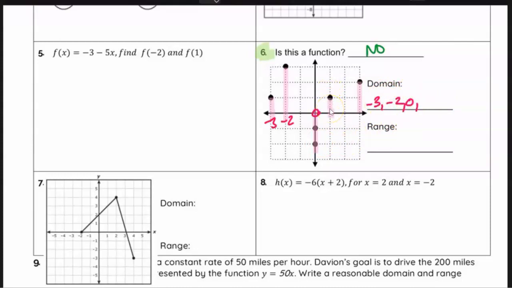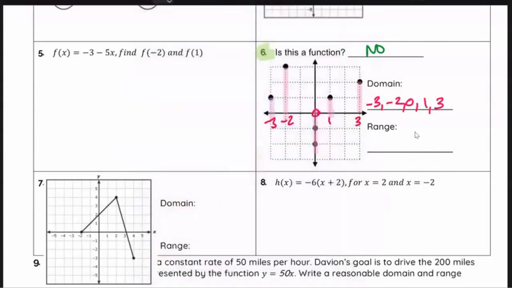This one right here will have a 1 as its x coordinate, and this one will have a 3. So my domain is -3, -2, 0, 1, and 3. Now there's 2 points at 0, but remember we do not write repeats, so you only have to write the 0 once.